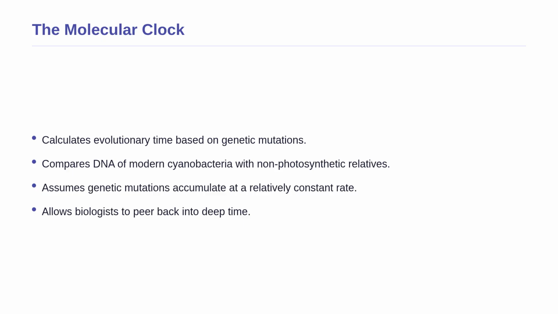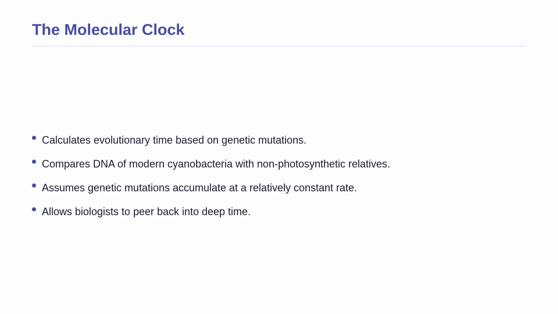Now that we have proven photosynthesis existed 3.5 billion years ago, we face another question. When did the oxygen-producing cyanobacteria emerge? To answer this, we use a molecular clock. This concept calculates evolutionary time based on genetic mutations.